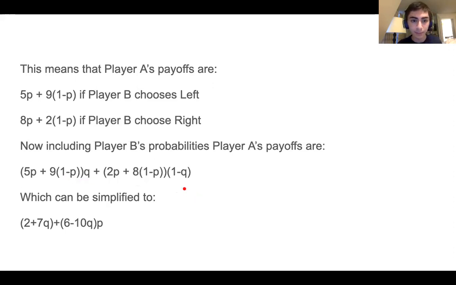And if player B goes right, that's a chance of 1 minus Q, remember. And that means that with P chance, player A goes up and gets a payoff of 2. And with 1 minus P chance, player A goes down and gets a payoff of 8. So does everybody understand what this equation means?